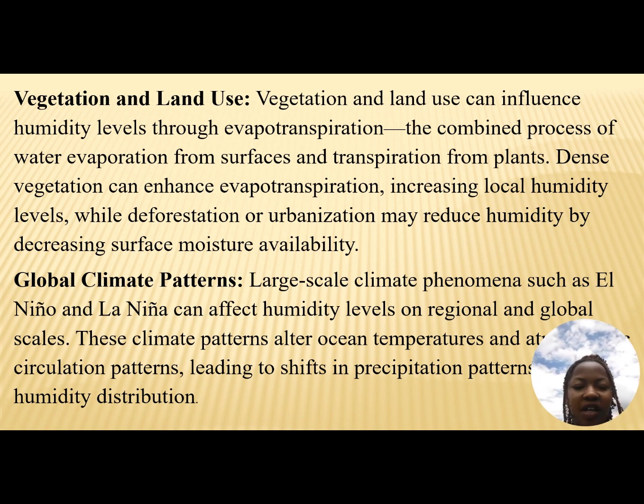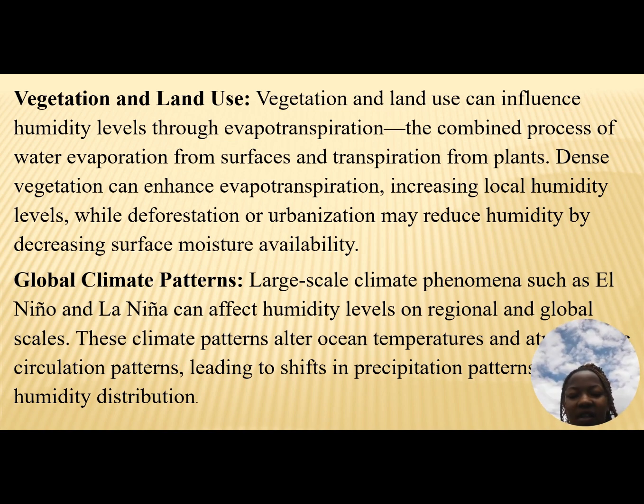Dense vegetation can enhance evapotranspiration, increasing local humidity levels, while deforestation or urbanization may reduce humidity by decreasing surface moisture availability. Second is the global climate patterns.